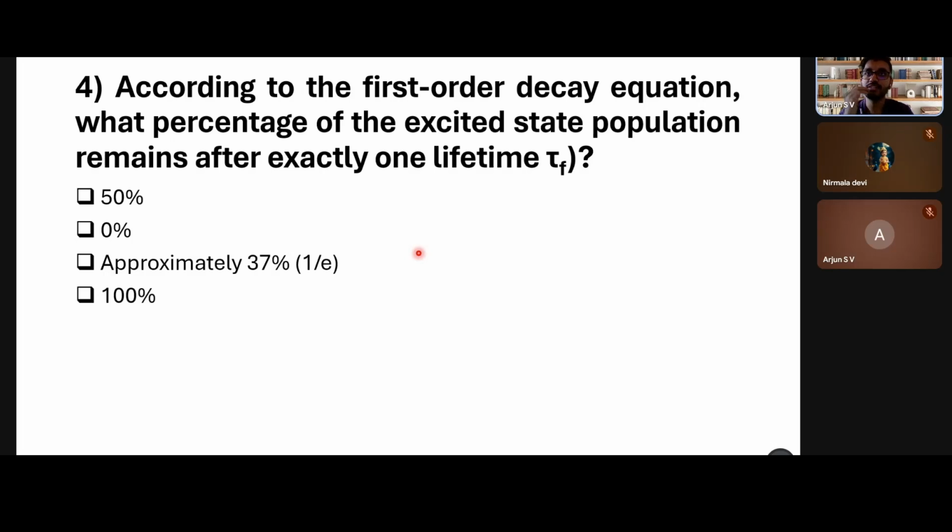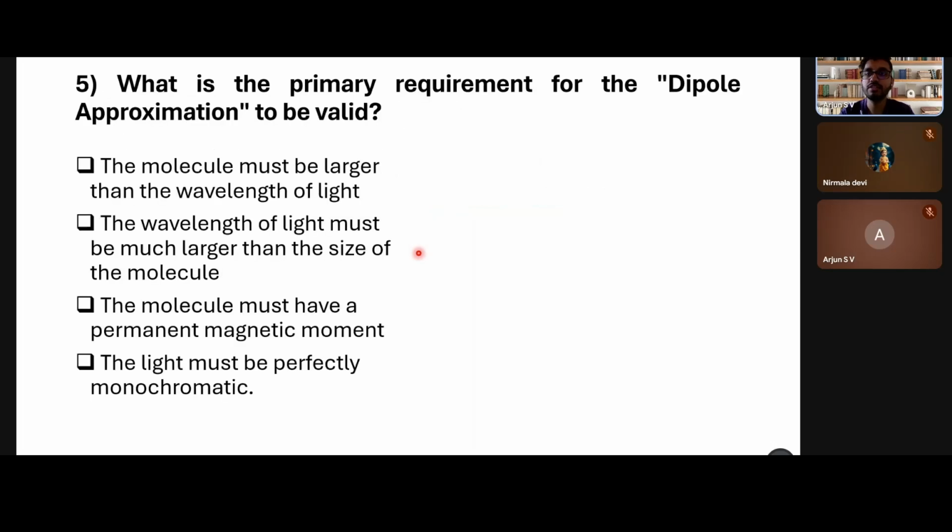The answer is pretty straightforward, which is option C, approximately 37%, which is 1 by e, because it varies by e power minus 1. So we'll go on to the next question.